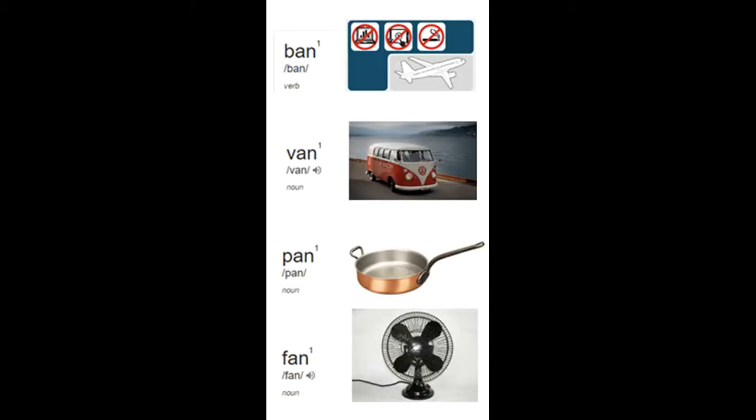Now let's have a look at some words in which we can compare these sounds just by changing the sound at the beginning. So I've chosen these four words: ban, van, pan, and fan. On the top half here, we have the voiced sounds. Bilabial ban, labiodental van.